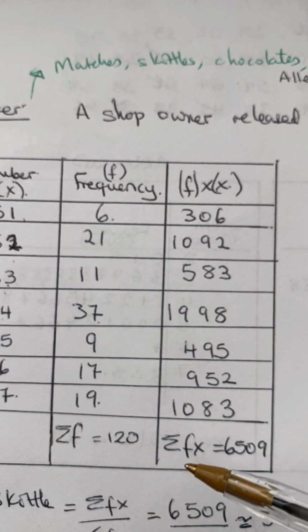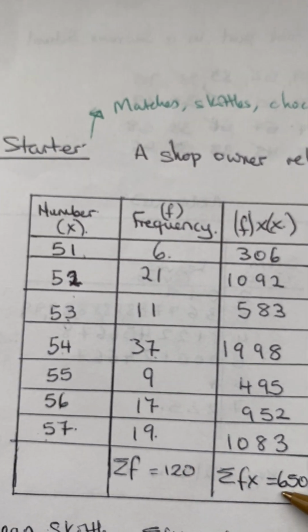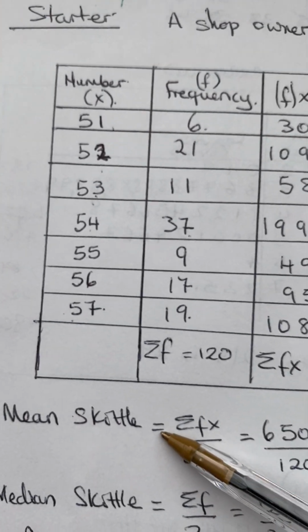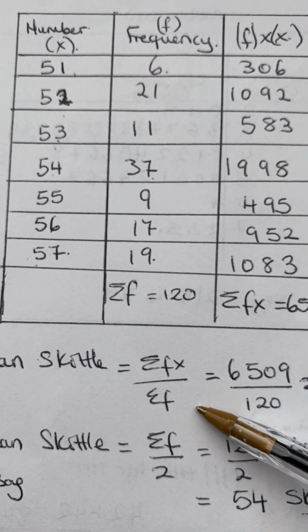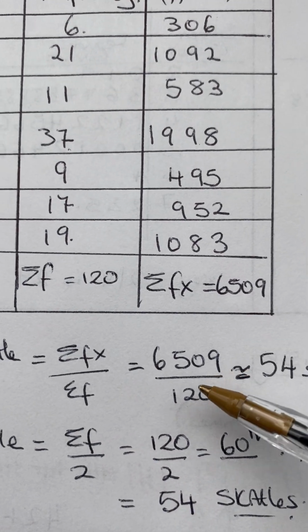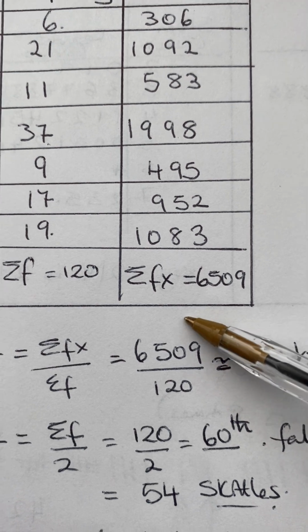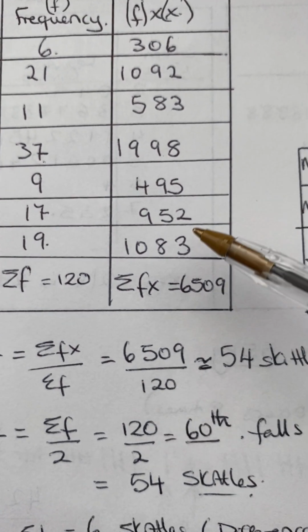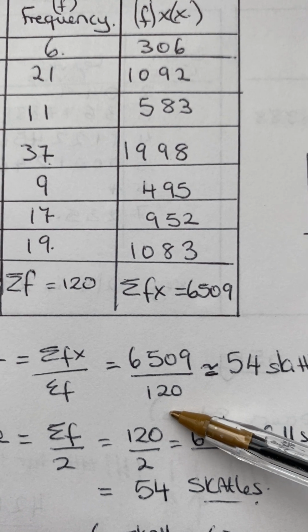So now straight away I can find my mean. So the mean skittle here is summation fx, which is 6509, which is here. You can also add, divided by 120.